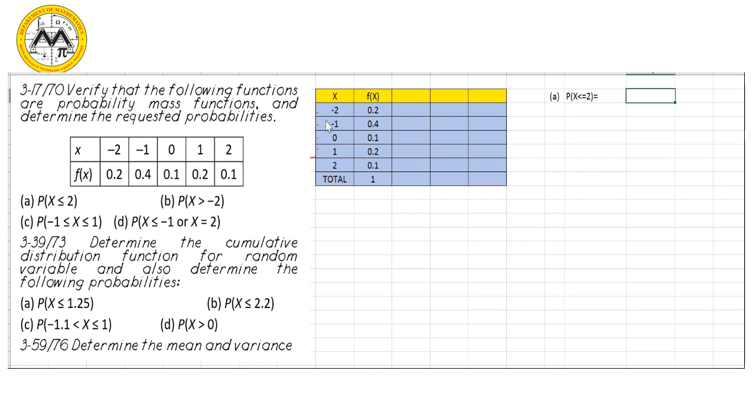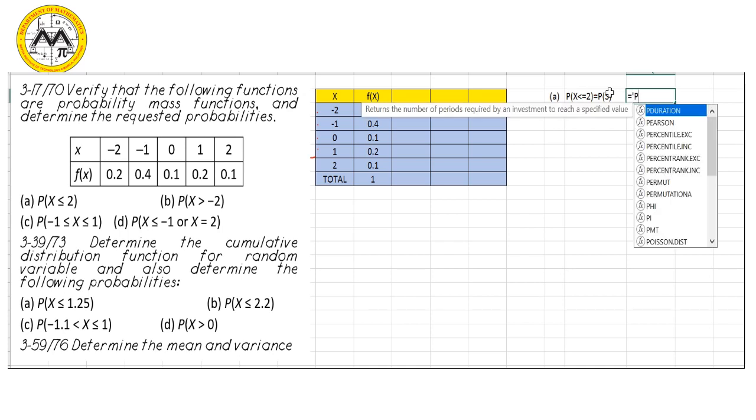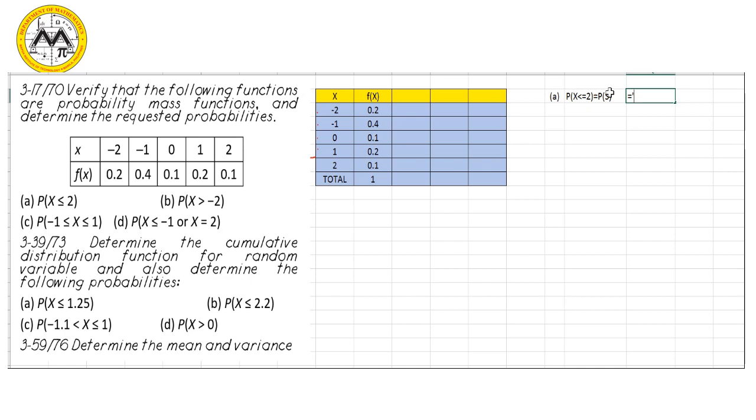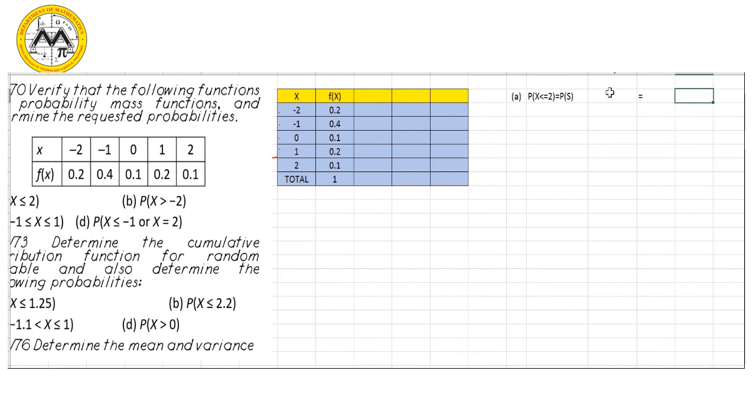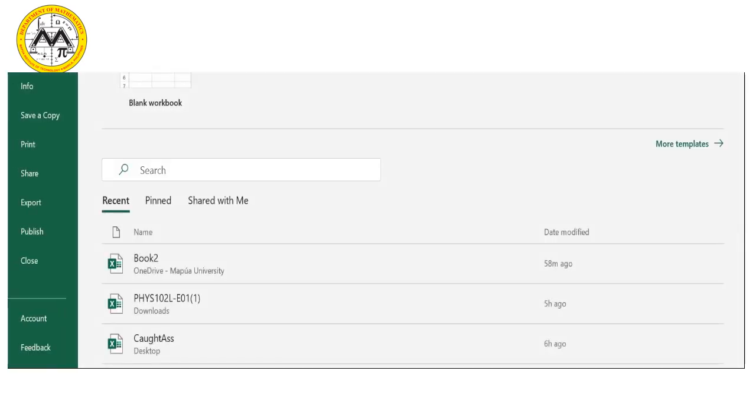So less than or equal to 2 is the sample space, so all of the values are included. That would be the probability for the sample space, and we know that the probability for the sample space is equal to 1. So this is equal to 1.